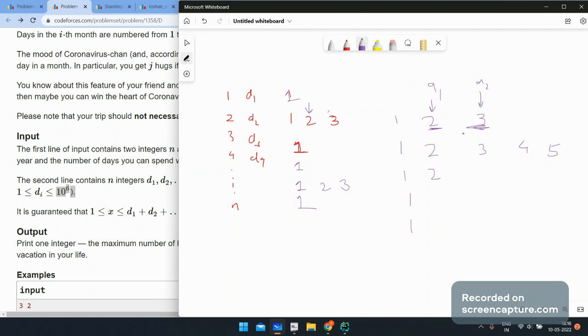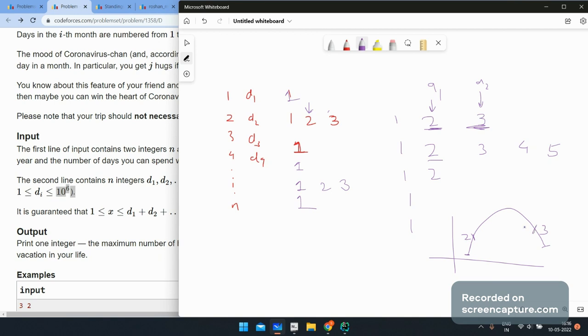The point I want to prove is that this function is unimodal, like a parabola. Sorry, this is concave upwards, so I have drawn the wrong graph. This will be like this. I don't know the concavity exactly, but if 2 gives an answer here and 3 gives an answer here, then the most optimal answer lies in between them. We are sure about that.